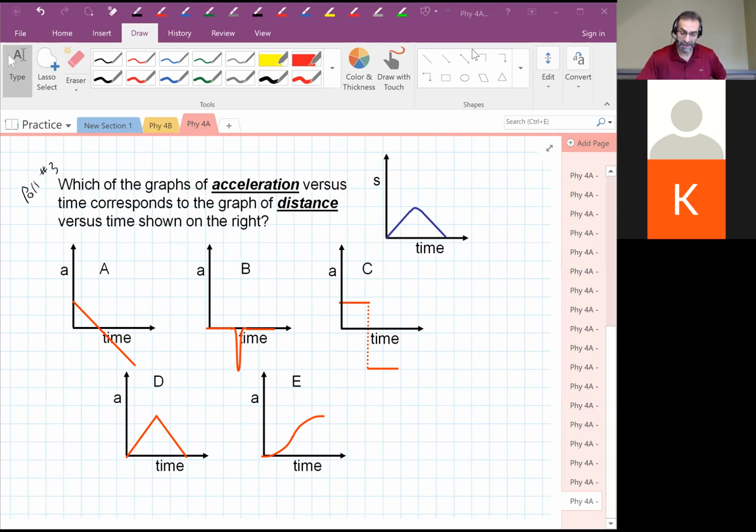But a lot of you fell into the trap and found the graph of velocity versus time, not acceleration versus time.